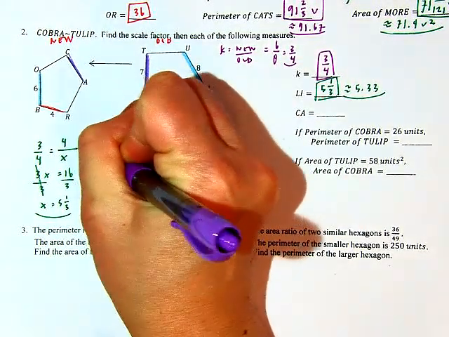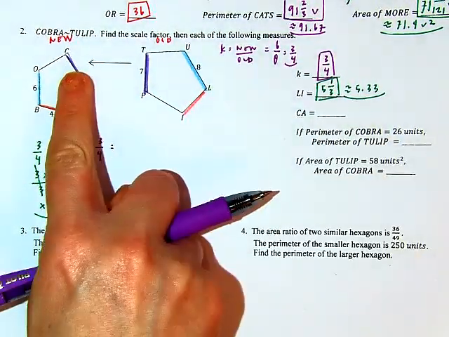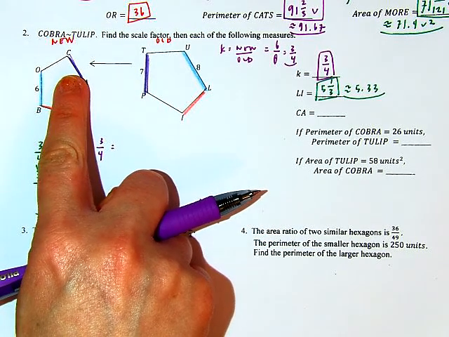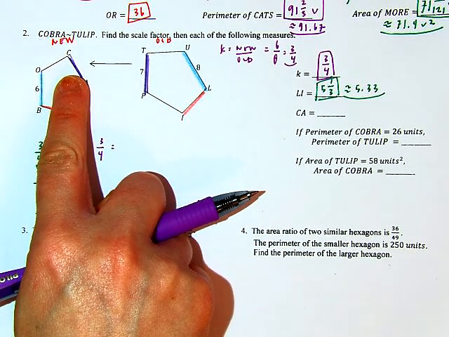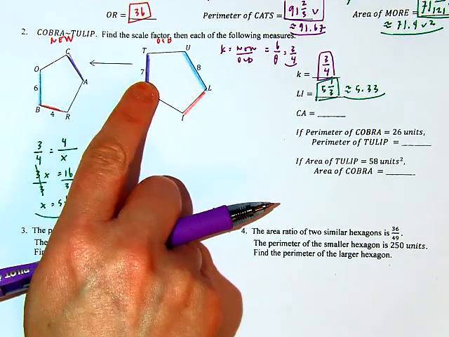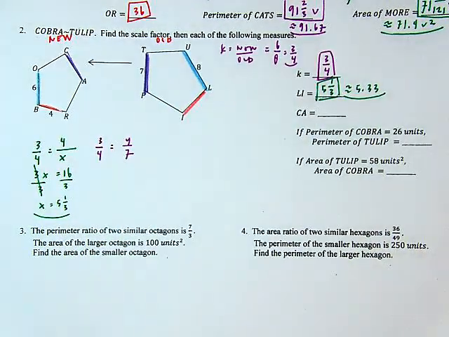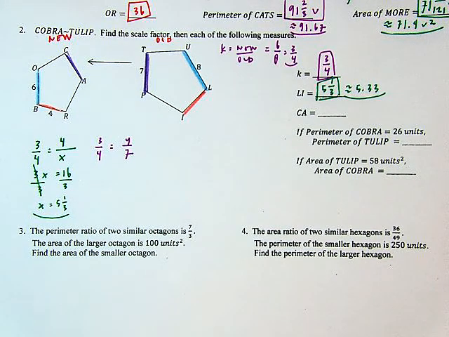So 3 is to 4, just as I want CA to TP. So I'll call that Y, or I can keep calling it X, that's fine. I'm just going to switch my variable for a moment. Y to 7. So again, I'm just very consistent in how I read it from figure on the left to figure on the right, or vice versa if I choose.